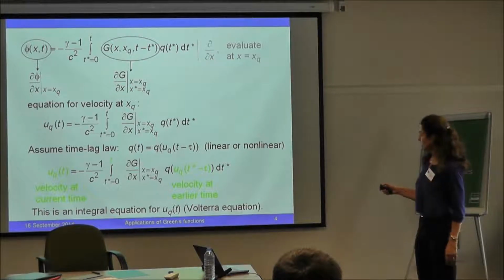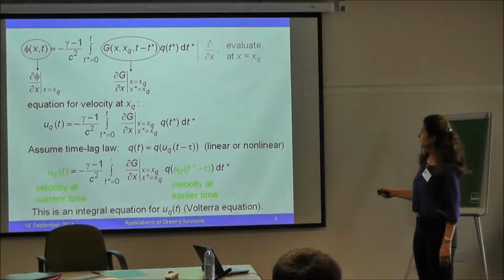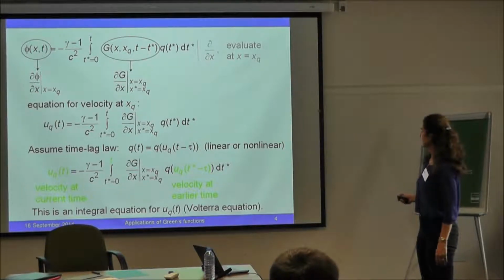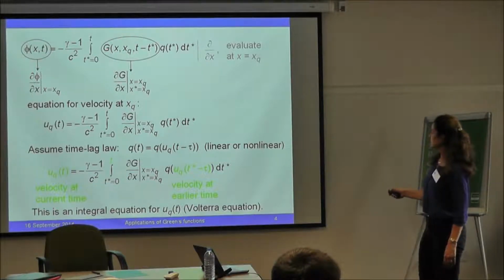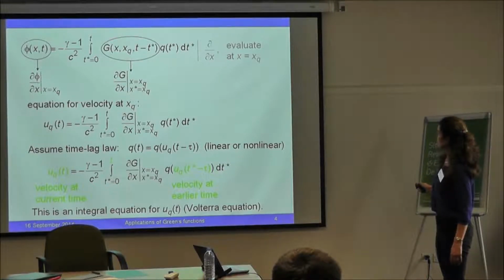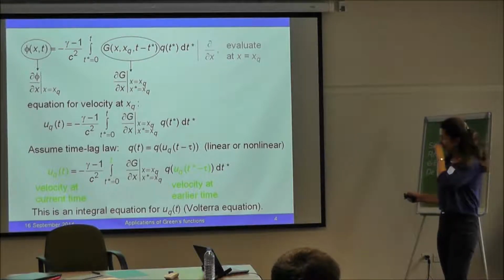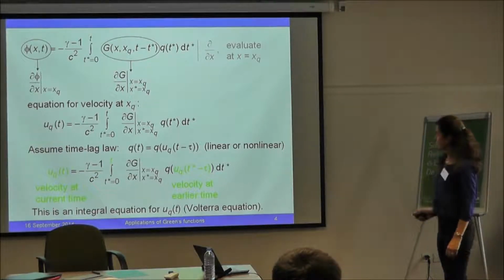So what I'm going to do is differentiate both sides with respect to x. So instead of phi, we get d phi by dx, and the x derivative also acts on the g, so we get a dg by dx. And then I'm going to evaluate the equation at the observer point x_q. That's why there are these x equals x_q here.